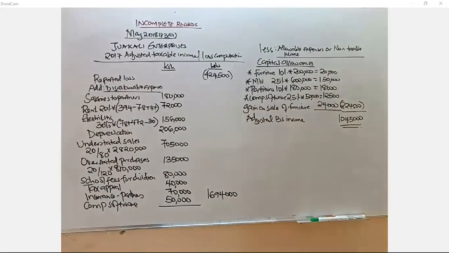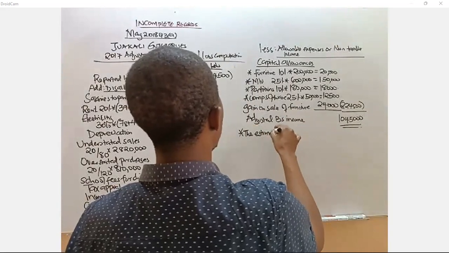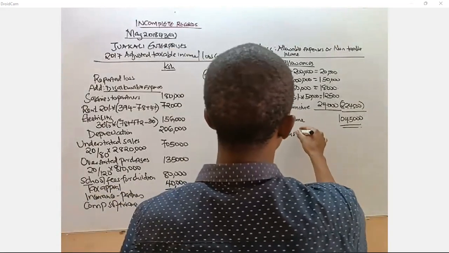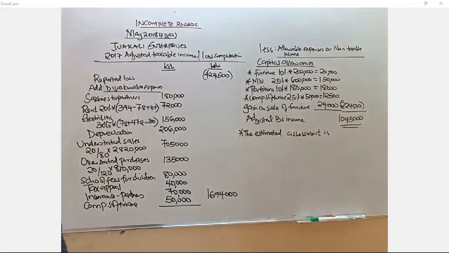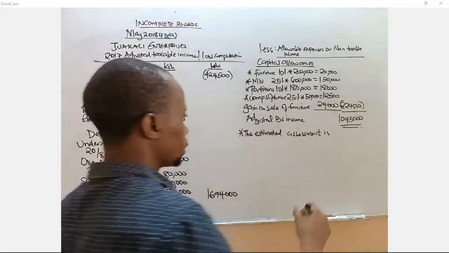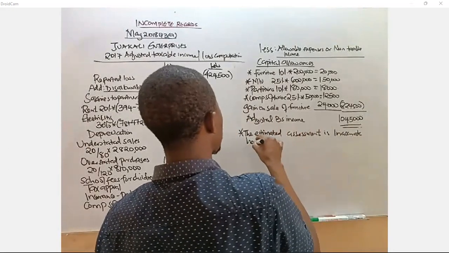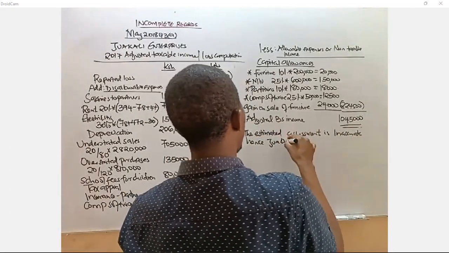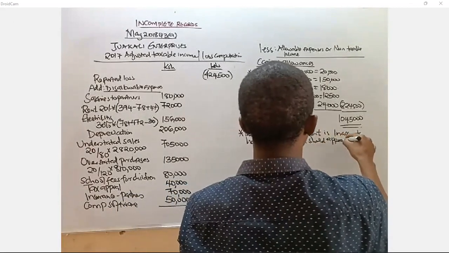Now, we are supposed to be advising something there, and we are saying the estimated assessment is inaccurate, hence Jua and Kali should appeal.